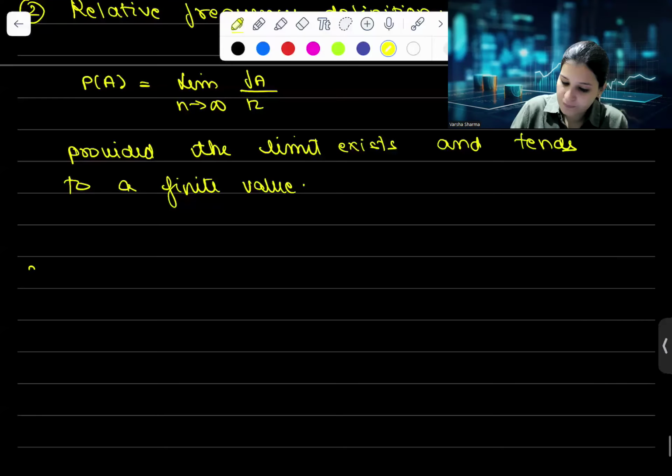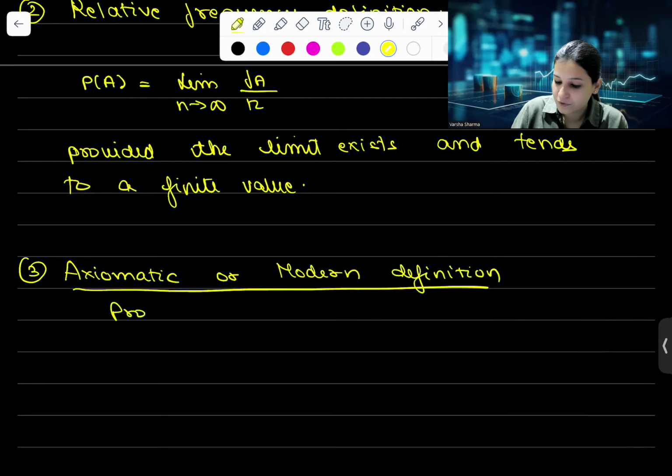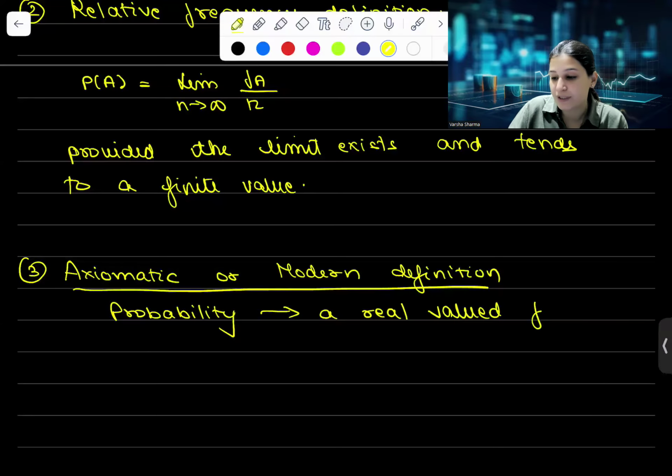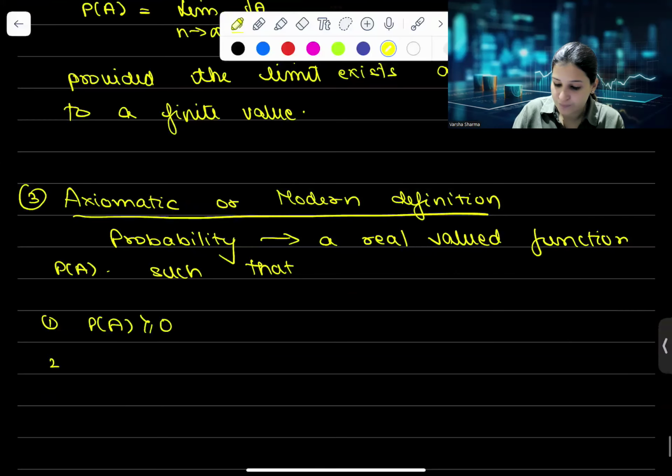The third definition, axiomatic or modern definition. Just remember one line: probability is a real valued function. In exam, you only need this much. Such that certain conditions hold. Probability can never be negative, so it is greater than or equal to 0. Total probability has to be 1.